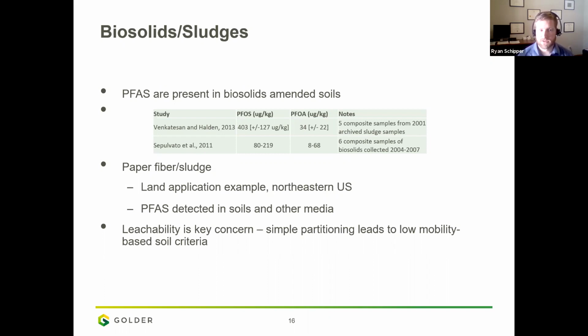Paper fiber sludge. Hey, Ryan, just a question here. When you say biosolids, you're talking mainly about the biosolids from wastewater treatment plants? That is correct, yes. So those biosolids can be used to amend soils. They in some cases are also discharged or disposed of in landfills.